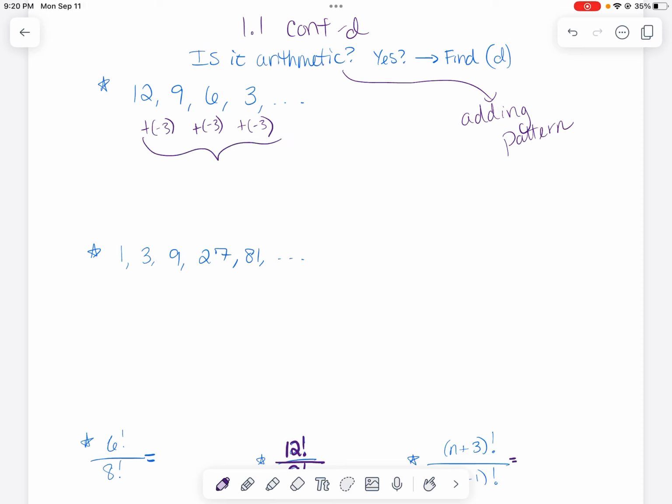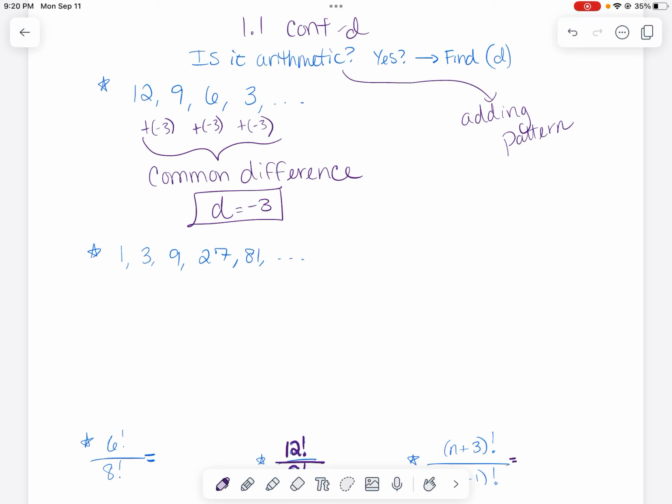So if the value is the same all the time, we call that our common difference, and we represent that usually with the letter D. So D is negative 3 here. That'll have significance for us in a minute, but for right now, we're just identifying that value.